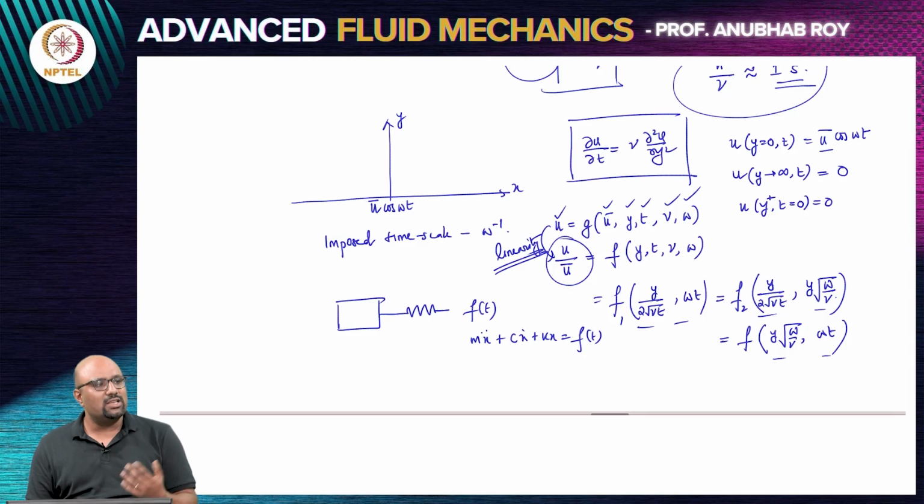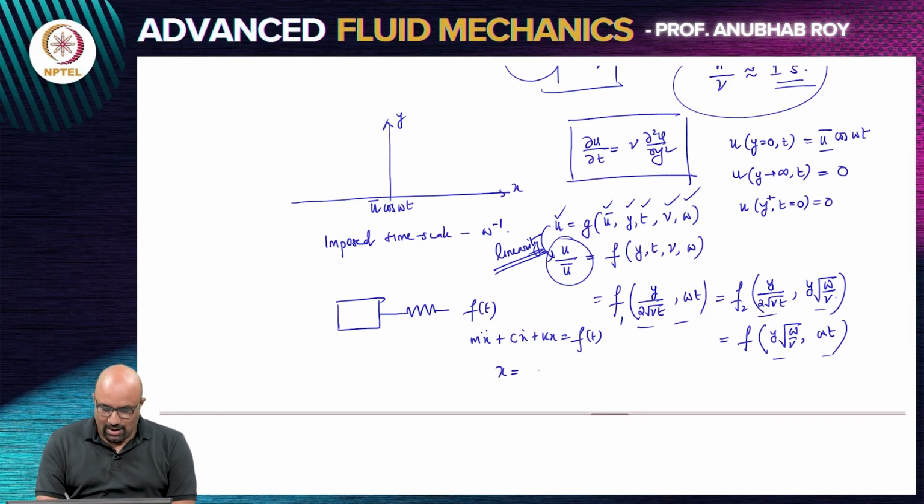Now, what do you see in this particular problem? You will see initially there is going to be a response that will depend on your initial conditions, and if you wait long enough, the response of this oscillator would be some function of this kind.